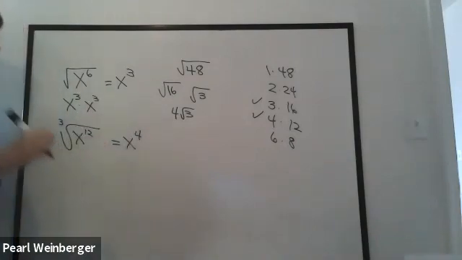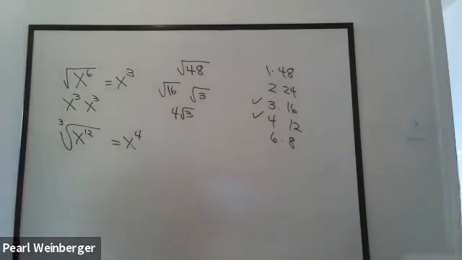And that would give me x to the 4th, because if I multiply x to the 4th times x to the 4th times x to the 4th, that'll give me x to the 12th. But again, I really have to concentrate on regular square roots. Remember, the index in a square root is 2. That's why we're dividing the exponents by 2.